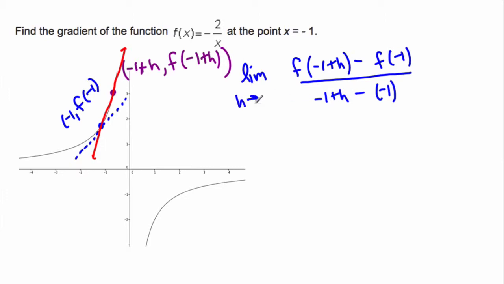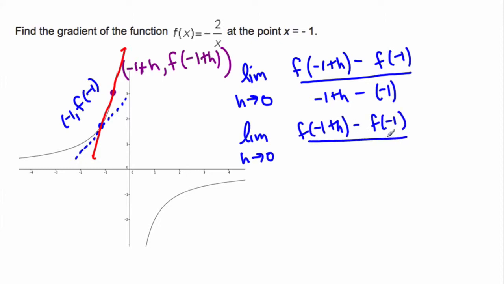So h approaches 0. So this will actually make sure that that purple point is infinitely close to the blue point. It's just some math notation. Okay, let's do this. Let's simplify it a little bit. So the limit as h approaches 0 of y2 minus y1 all over -1 plus h minus -1.